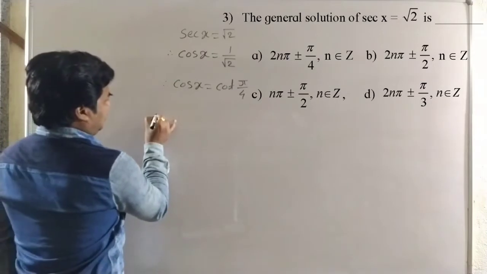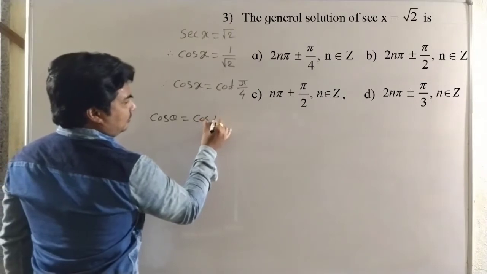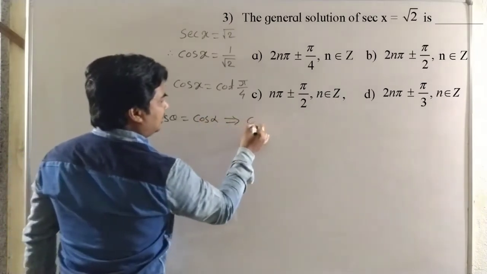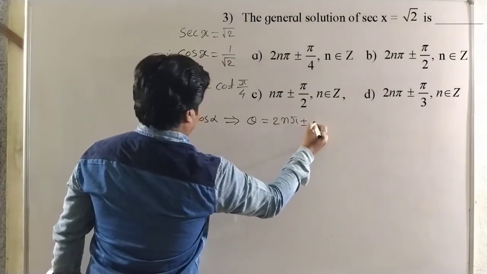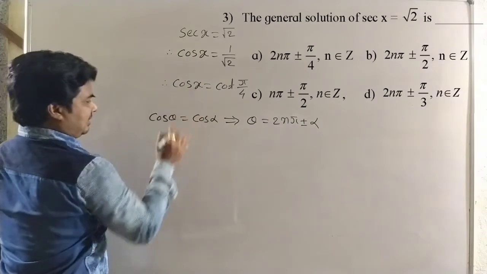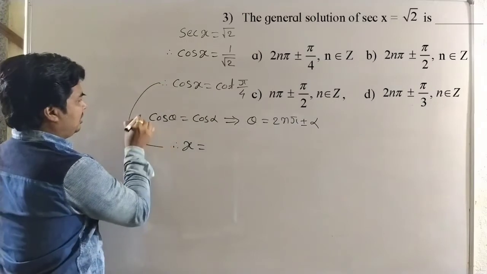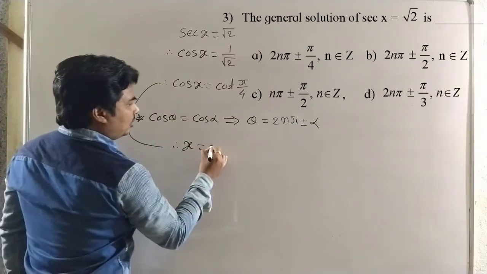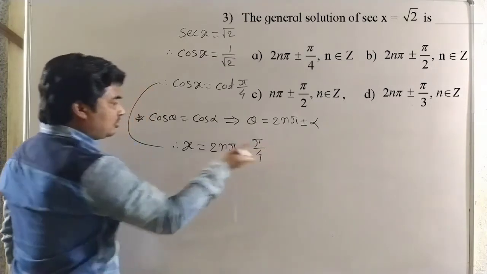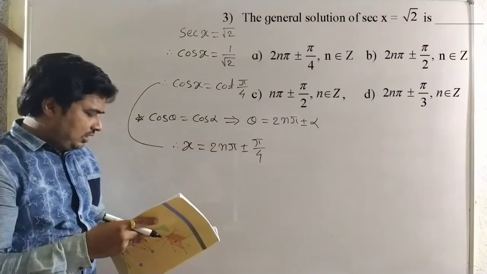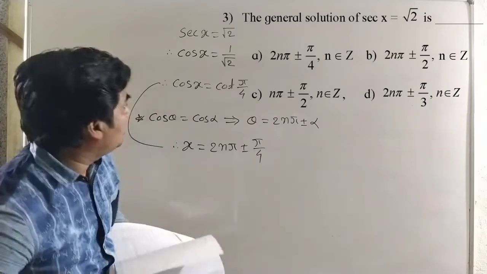We know that cos theta is equal to cos alpha gives the solution theta is equal to 2n pi plus or minus alpha. Here, by using this formula, x is equal to 2n pi plus or minus pi by 4, and it is the general solution of this equation. Option A. See carefully this. Now the next.